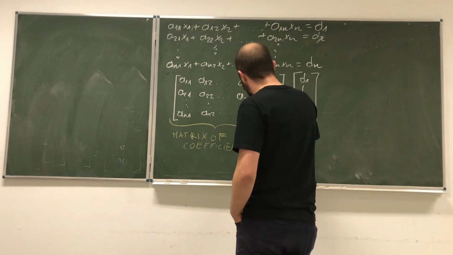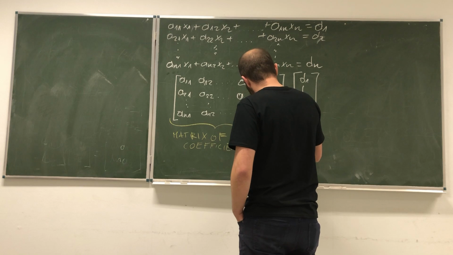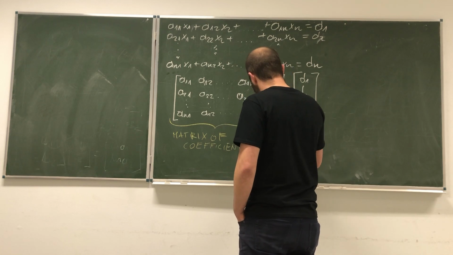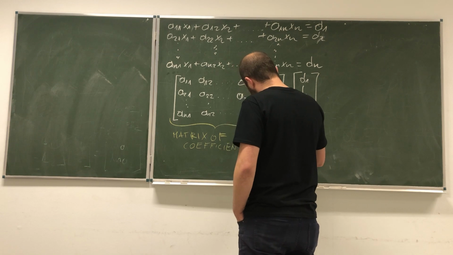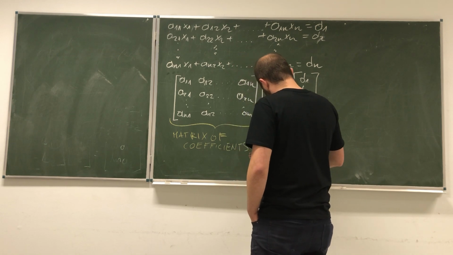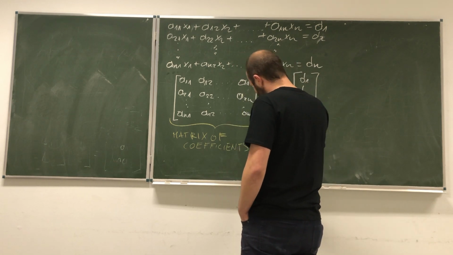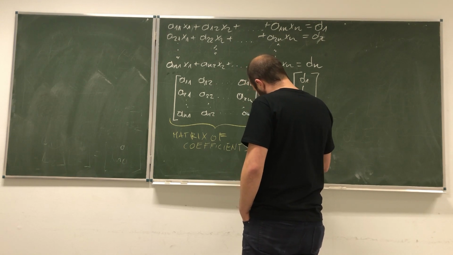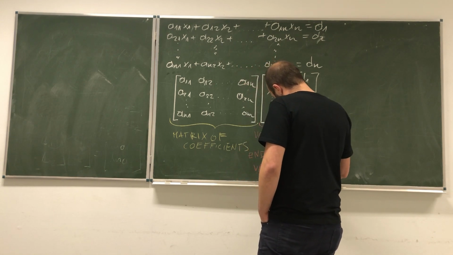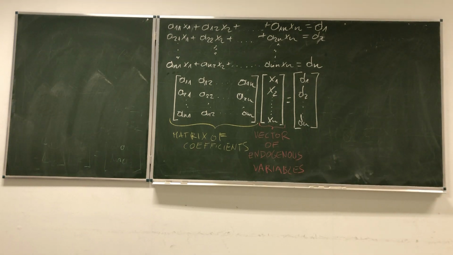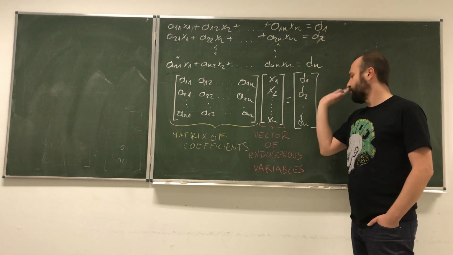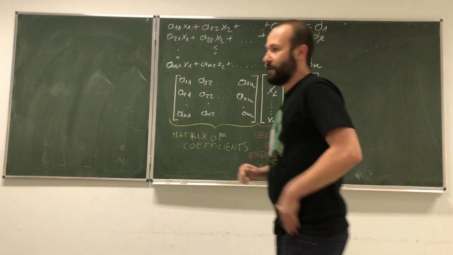This is going to be a vector of endogenous variables. What does endogenous mean? It means that they are explained within the model, but we will actually have a subject in which we will explain this in detail.